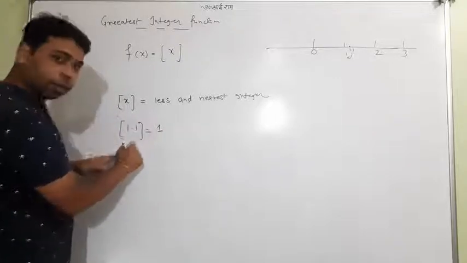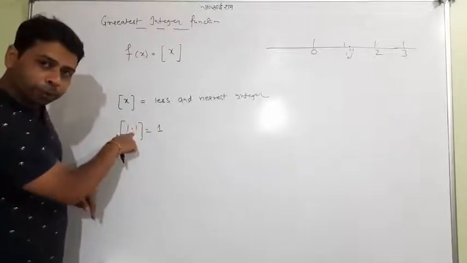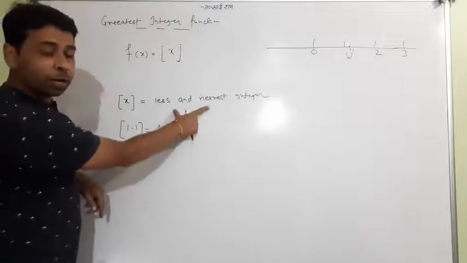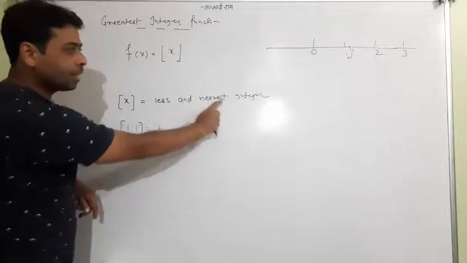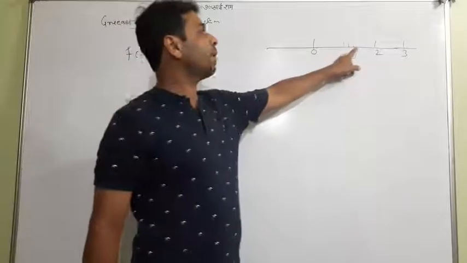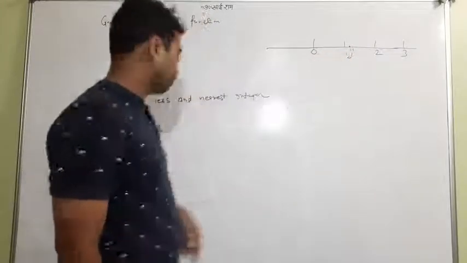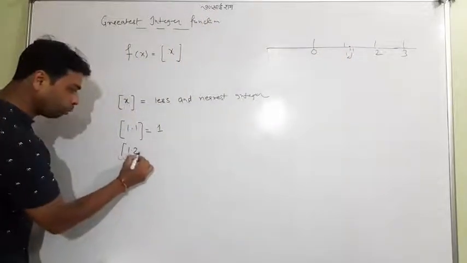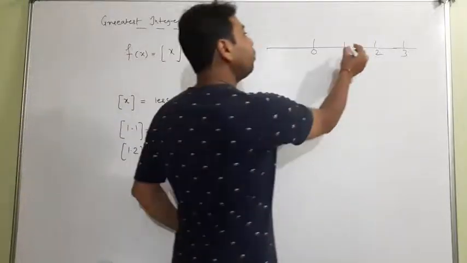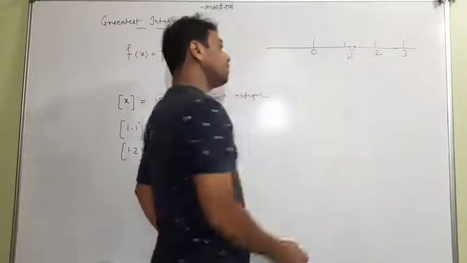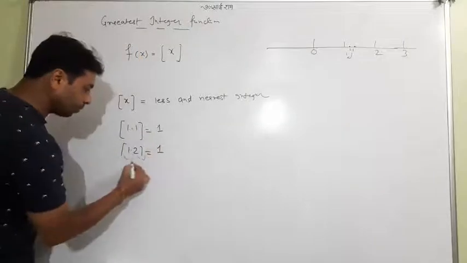Meaning when it operates on 1.1, it gives the less and nearest integer, which is 1. When you put 1.2, it again gives the less and nearest integer, which is 1.